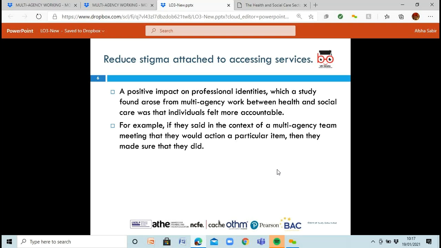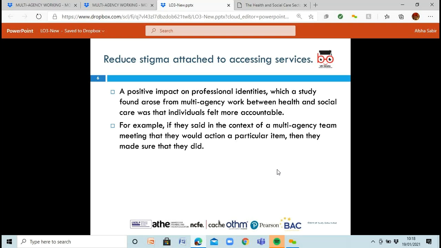If they've said that a particular thing will be done, like we're going to have a case review for X, Y, and Z, they're actually making sure that with their joint collective, these items are getting done. They're not getting pushed to the back burner. So it's becoming a positive thing in this way.